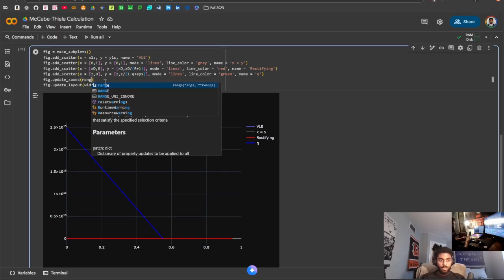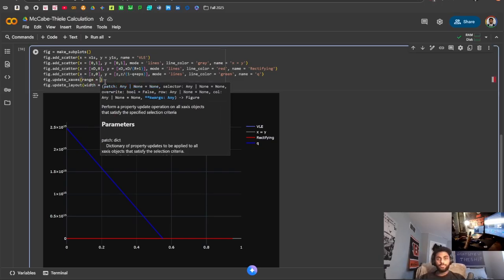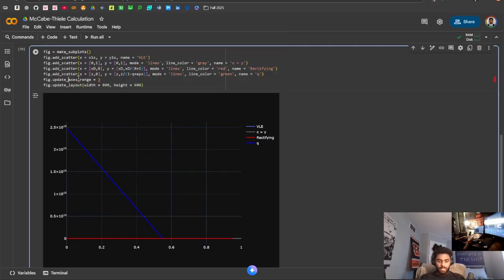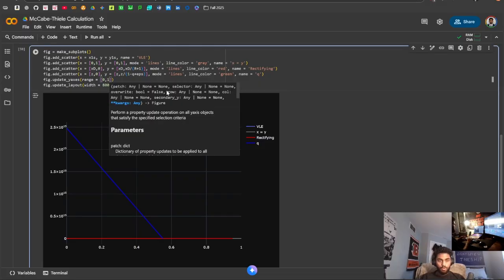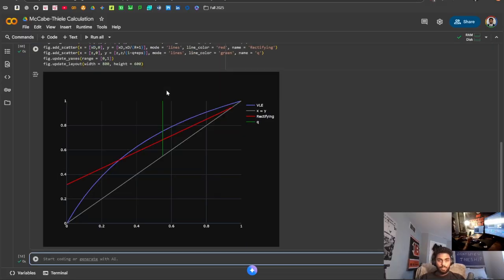And we'll set a range. This range is basically going to say, sure, something might be happening all the way back over there, we don't care about that. What we want to see is 0 to 1 only. And in fact, I don't even think we need to do that for the x-axis. I think we just do it for the y-axis, because that's the one we are worried about. So we're going to set that range, and there we go.